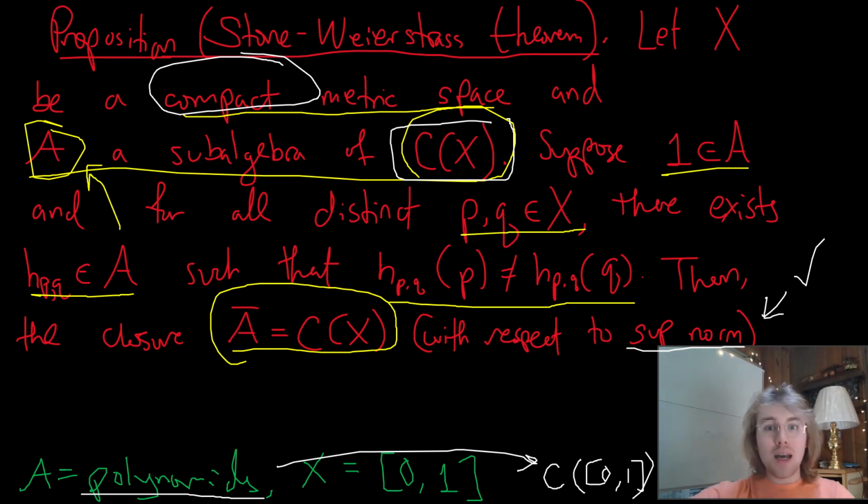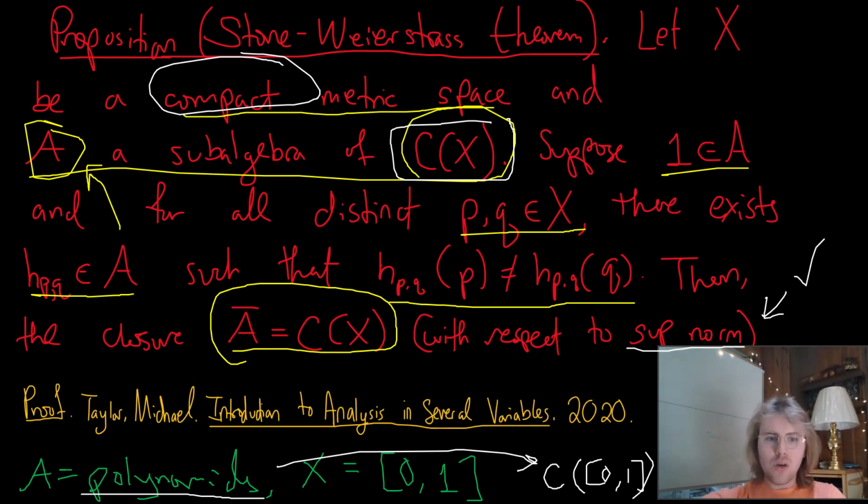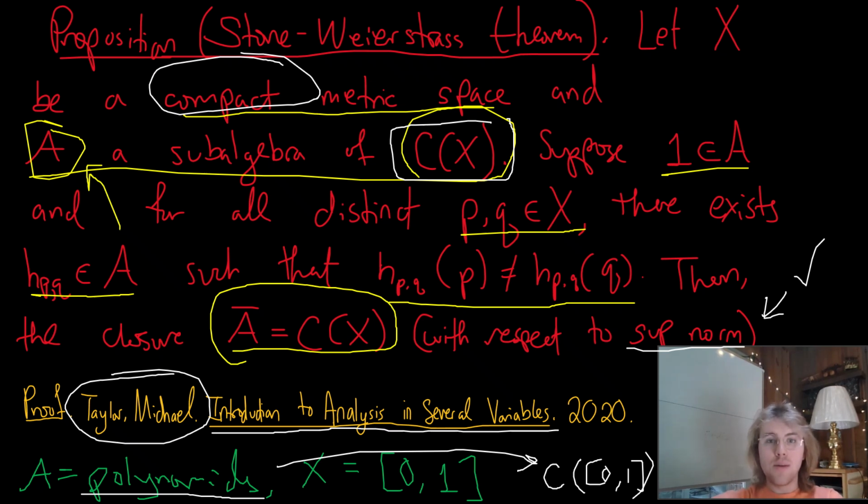But this is a generalization of that, which is even cooler, whose proof you can find in my undergrad analysis textbook, Introduction to Analysis of Several Variables by Professor Michael Taylor. He is awesome, and his book is awesome, and you can find the proof of this there.